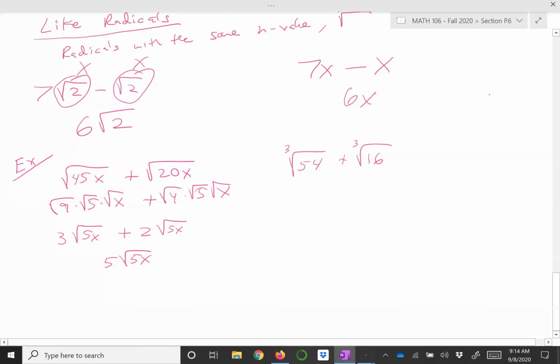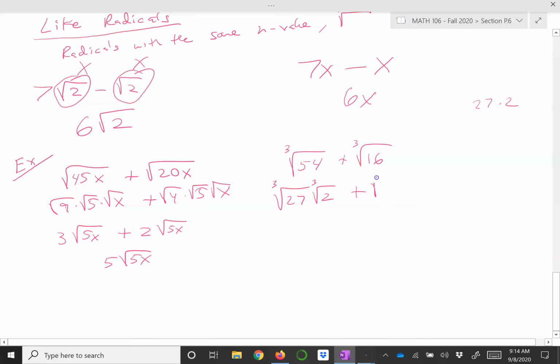Well, what's half of 54? Is that 27? Like 27 times 2? Hey, I could take the cube root of 27, right? So I'm going to split this up into the cube root of 27 times the cube root of 2. All right, that one's done. Now how about 16? Is there a factor of 16 that's a cube root?